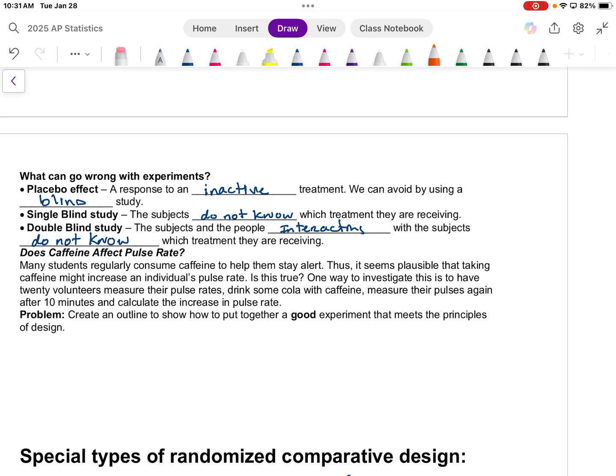Hey, this is why we need to mass produce this and give it to everybody. And so to try to avoid that, the people doing the study, doing the experiment, don't know what group is getting which thing, and we don't know who's being assigned to what. That way they can't pad the stats, if you want to call it that.